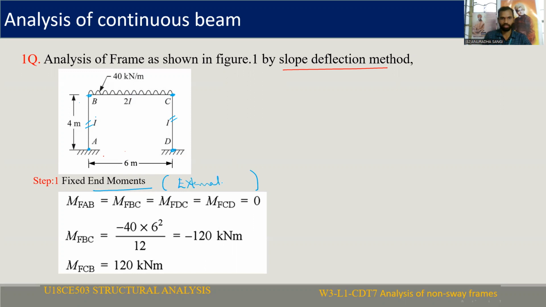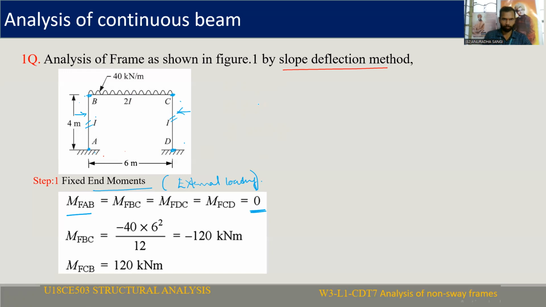If you see the AB member and CD member, there is no external load, horizontal or vertical. So fixed end moment due to loading is zero: MFAB, MFBA, MFCD and MFDC are zero. Directly we can substitute that they are zero.